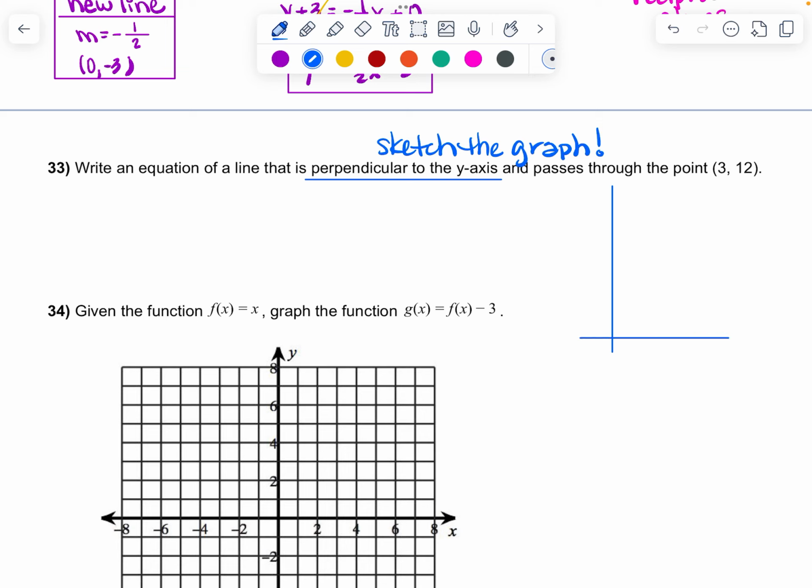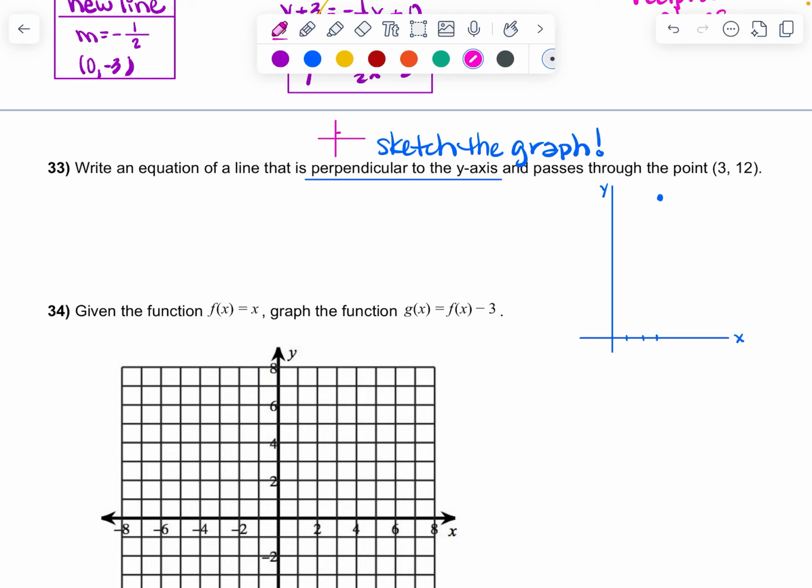So I'm going to go ahead and plot (3, 12). It's pretty high up there. So let's say 3, 1, 2, 3, and then I go up 12. I'm not going to draw all those, but let's just say that's this point. Right? So let's say that's the point (3, 12). Here's my x-axis. Here's my y-axis. All right. So now it says we want to be perpendicular to the y-axis.